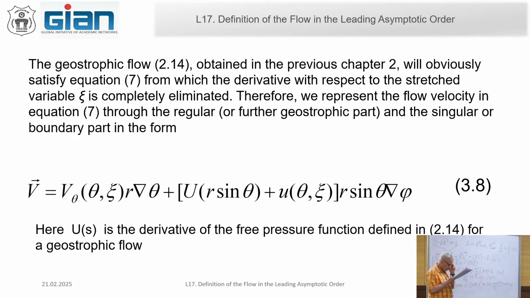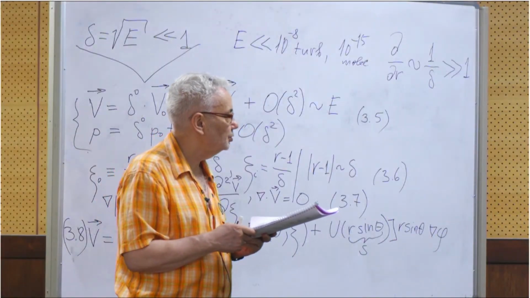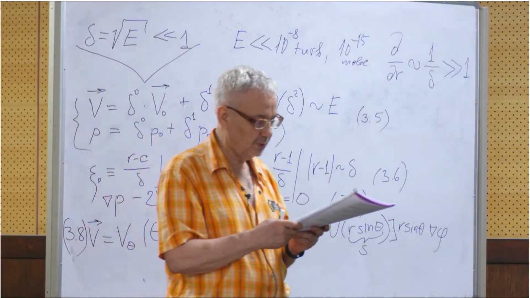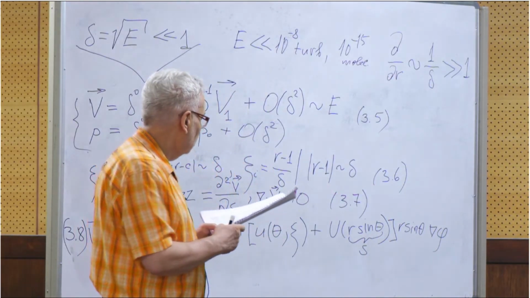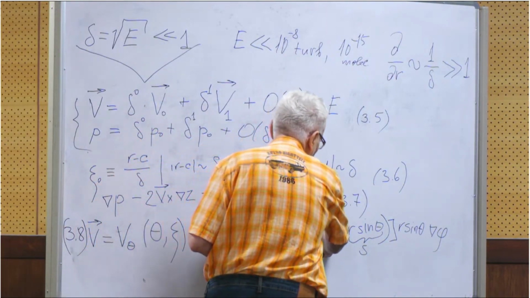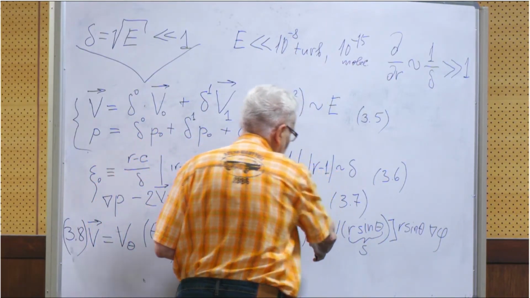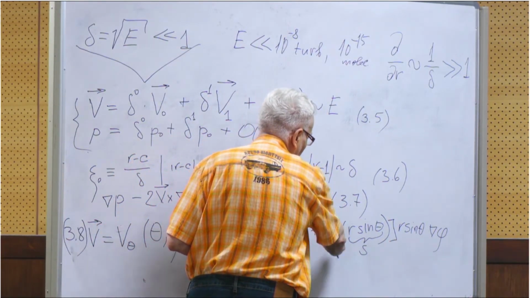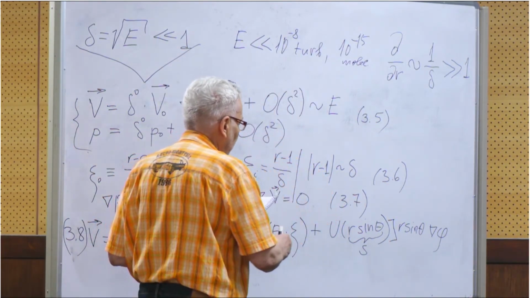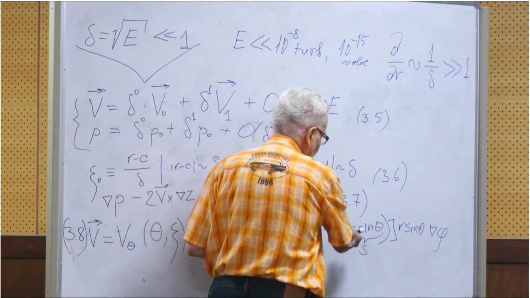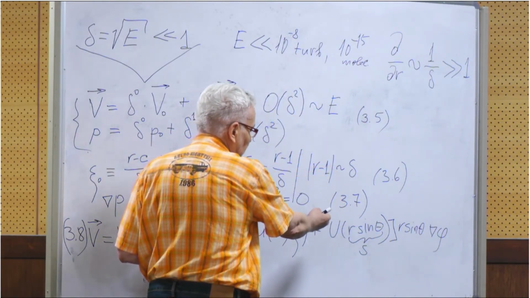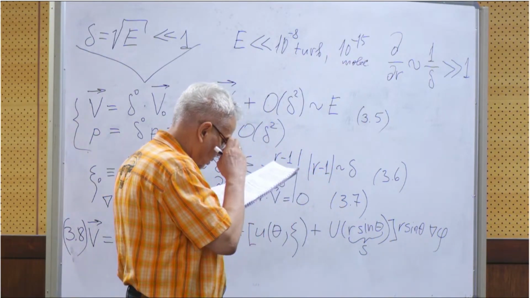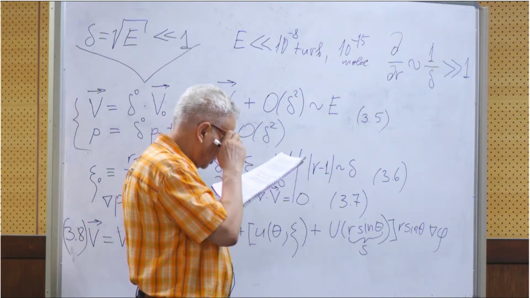Of course we will also take into account the geostrophic equation. I will not repeat it, but I stress that if we are outside the boundary layer, we remove all this boundary layer solution, and the geostrophic flow remains, which depends only on the cylindrical radius.